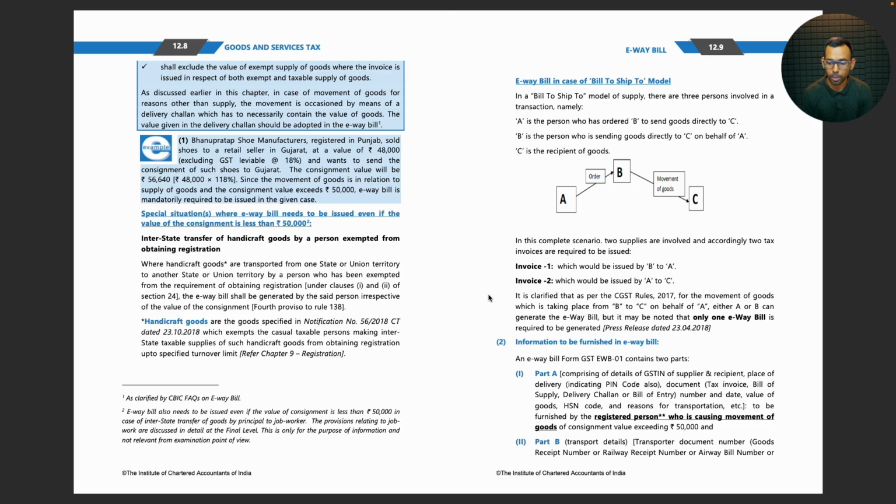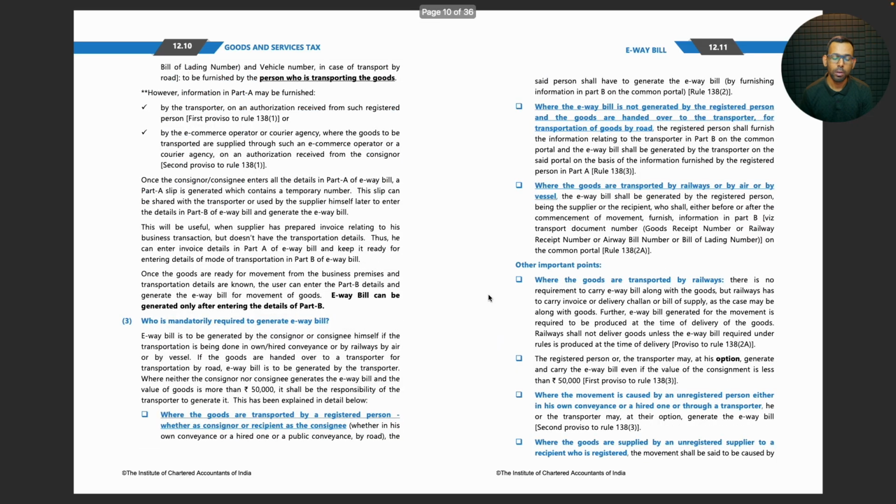Part B, transport details: transport document number, goods receipt number or railway receipt number or airway bill number or bill of lading number, and vehicle number in case of transportation by road, to be furnished by the person who is transporting the goods.